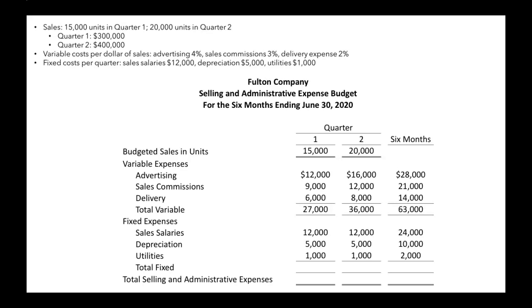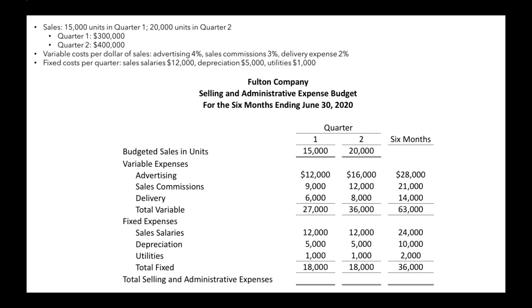Now our total fixed expenses, we want to add up our sales salaries, depreciation, and utilities for each quarter. And we see that it's $18,000 in quarter 1, $18,000 in quarter 2, and $36,000 in the first 6 months. Now, our very bottom line of this budget shows our total selling and administrative expenses.